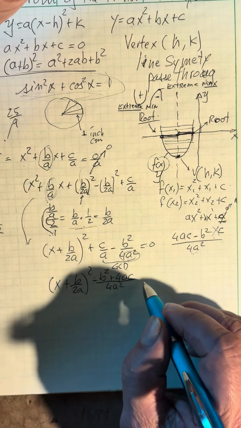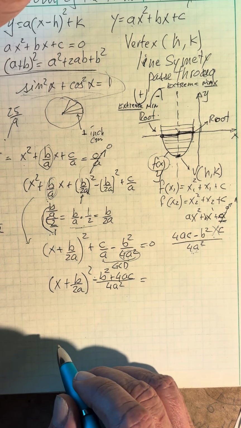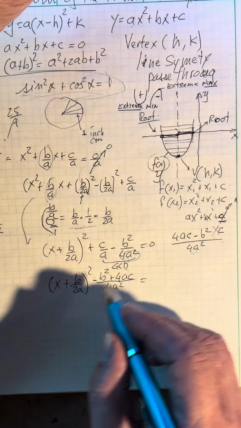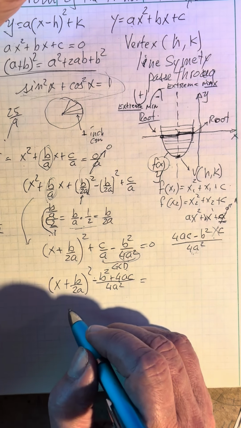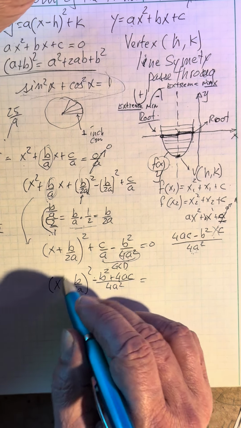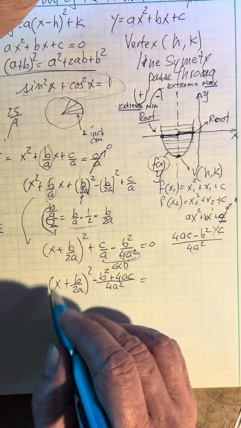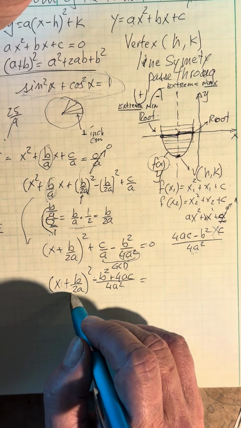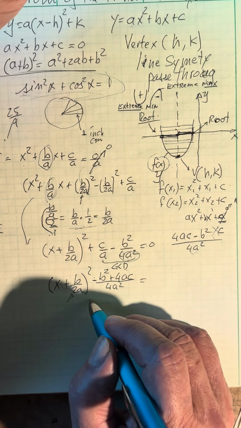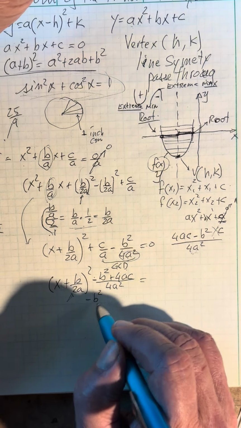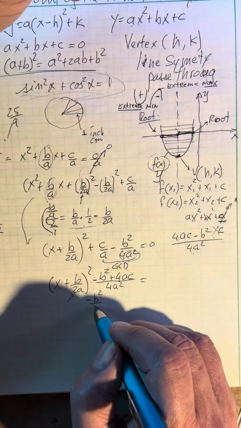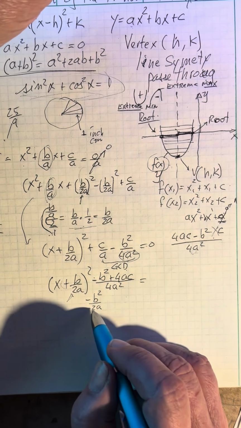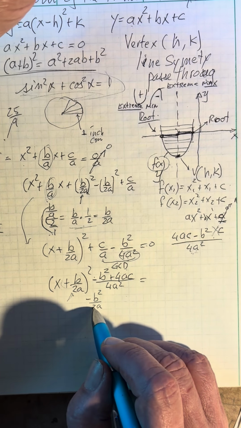And that's basically our vertex. So it means that we have to do something here, because this term, we should refer to it as the minus b divided by 2a, because that is the vertex.